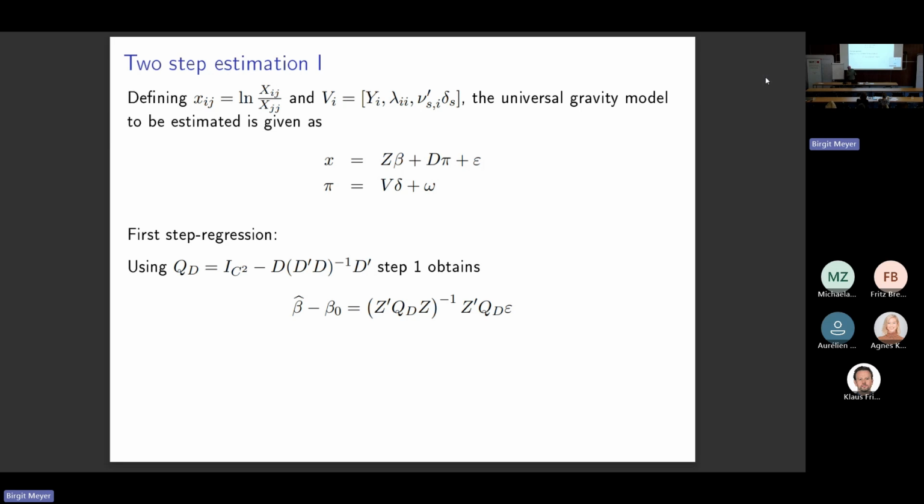That is the easy way to go. There are two things to note. The first one is, if you have domestic trade flows, this cancels out. So domestic trade flows enter up here. And that would mean you estimate the pi's without having domestic trade flows, which might be a drawback, okay?